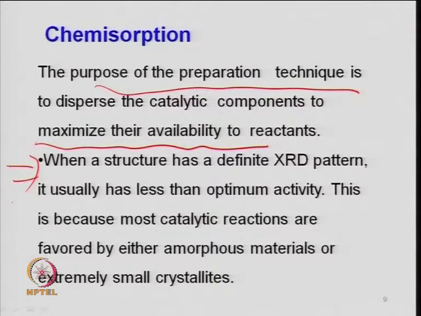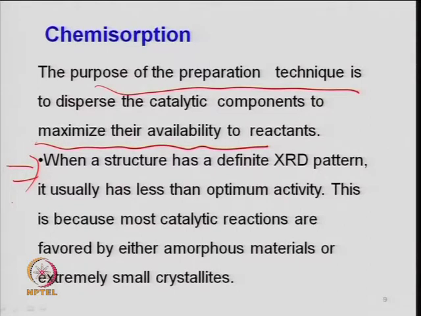learn this also, that highly crystalline material may not be good, right. If your XRD pattern gives you a large number of peaks, it does not mean that it is good for catalytic activity. You need finely dispersed, very small particles, crystallites and nanoparticles, and that may not be visible from the XRD pattern, but may be very good for the catalytic activity.